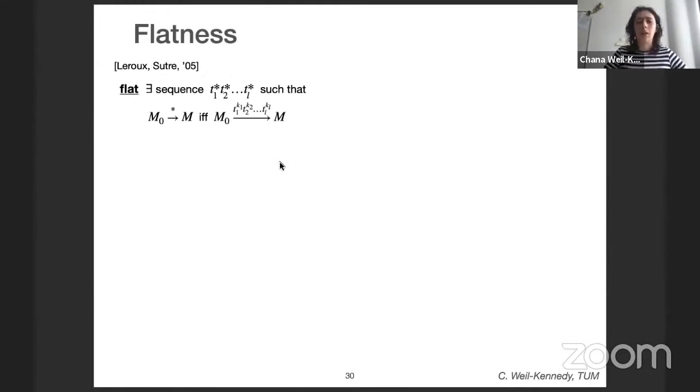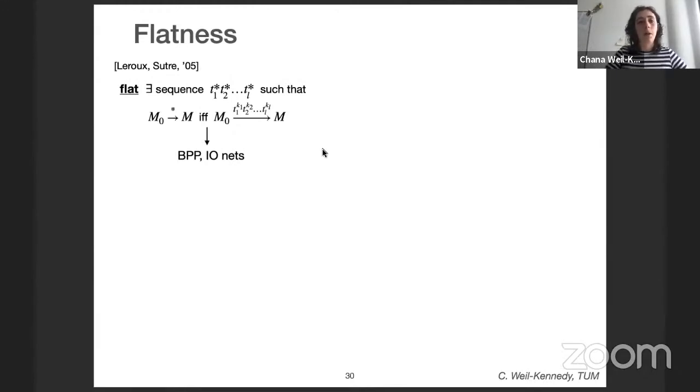Now, okay, this is actually a kind of simplified version of flatness, but it happens to go with what I want to say. So BPP nets, these branching parallel processes, and IO nets, the immediate observation nets, are both flat. But Leroux and Sutre also show that a Petri net is flat if and only if its reachability set is semilinear.